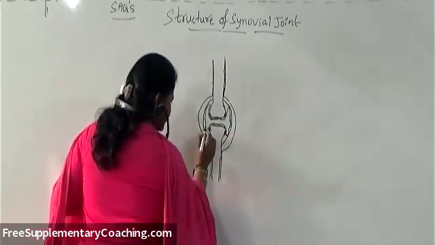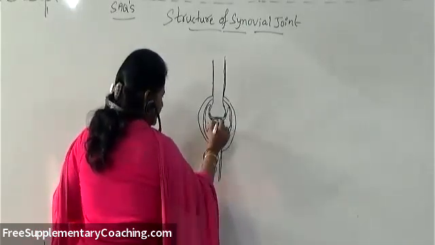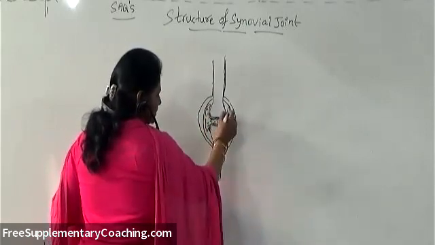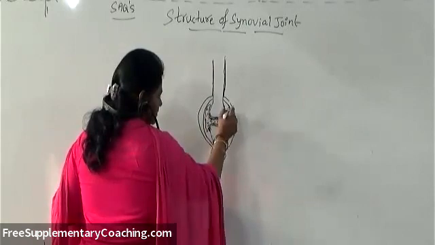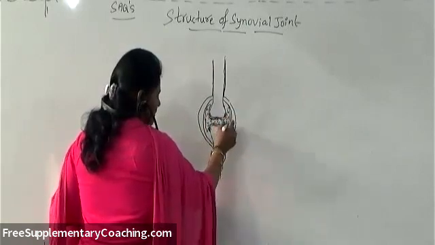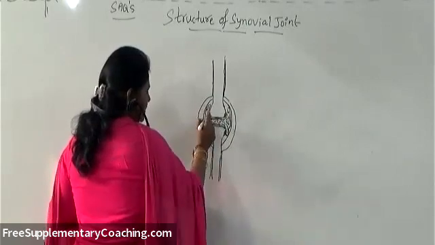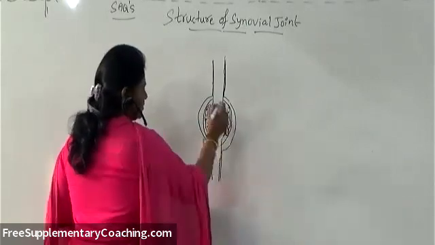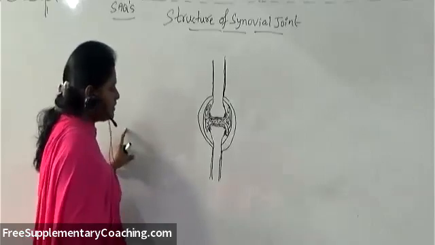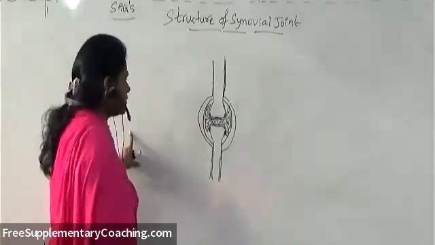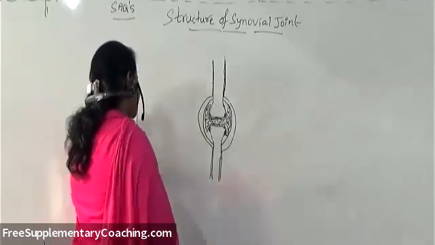The synovial fluid is present at the center, in between the two bones, and acts as a lubricant. This fluid is secreted by areolar tissue, and it contains hyaluronic acid.